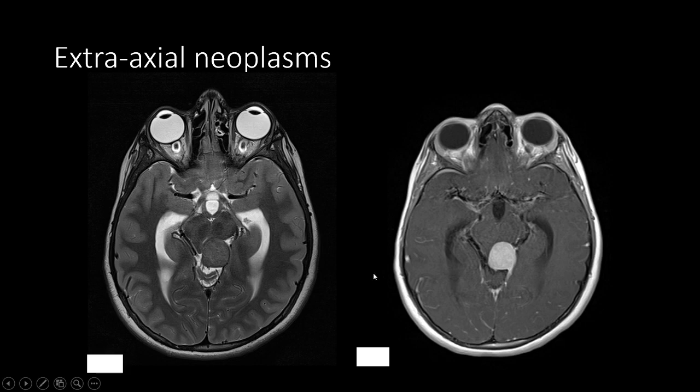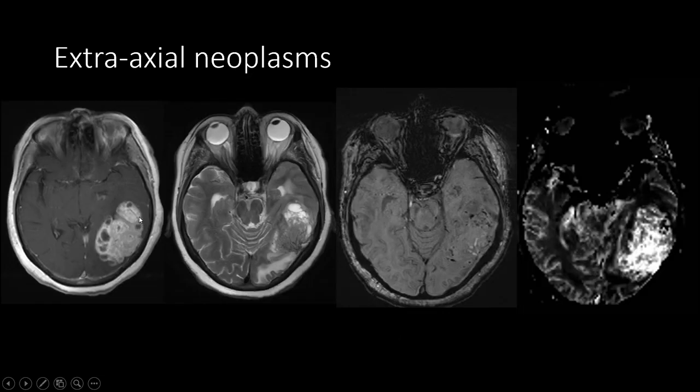Here is an example of an anaplastic hemangiopericytoma, grade 3. We see this avidly enhancing mass here with multiple peripheral cystic components. We see marked hyperperfusion of the mass, indicating its neovascularity.